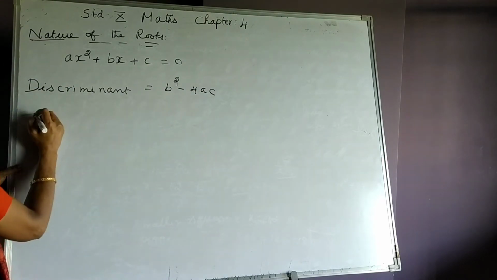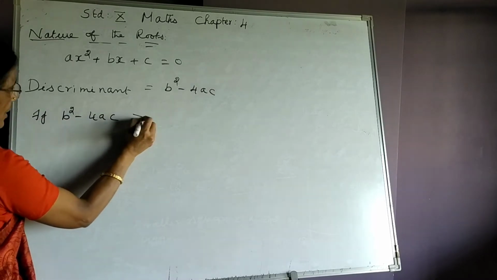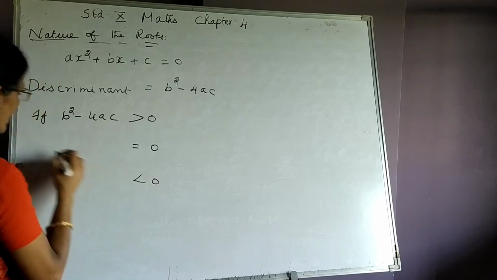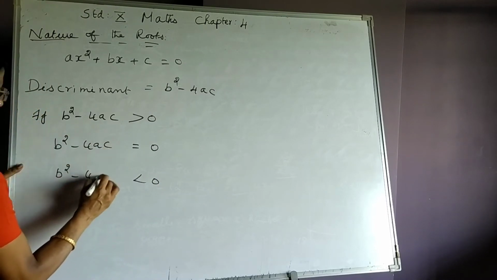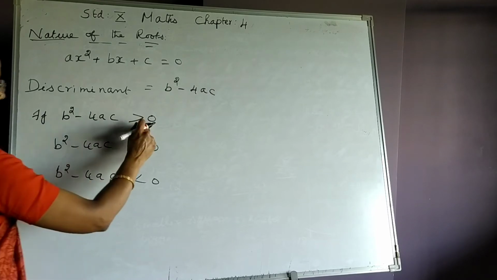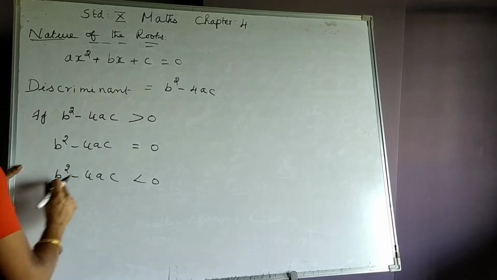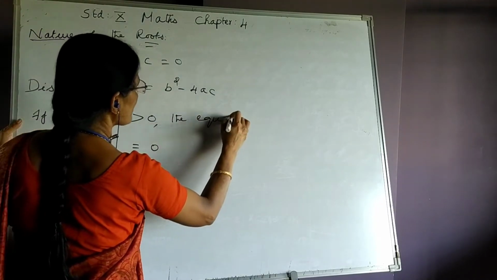After finding this value, we should check whether it is greater than 0, equal to 0, or less than 0. That is, whether it is a positive number, equal to 0, or a negative number.